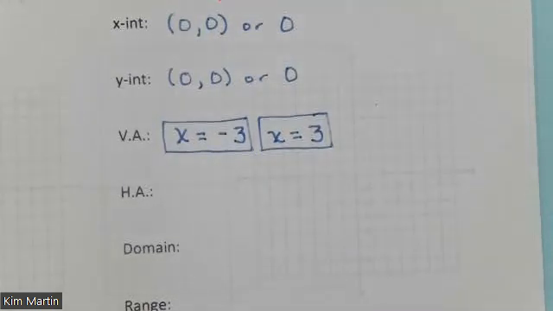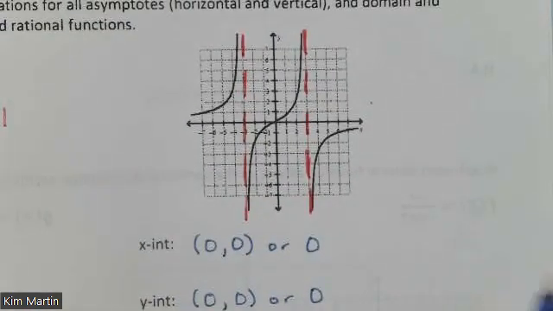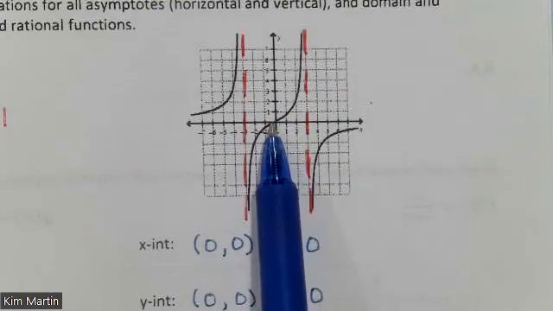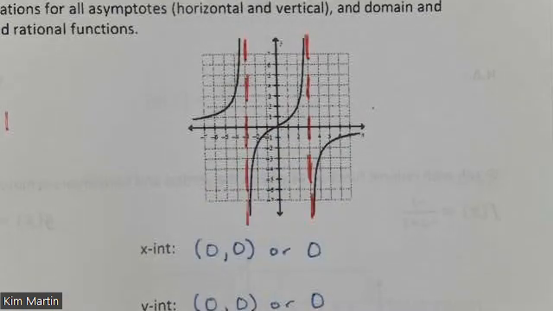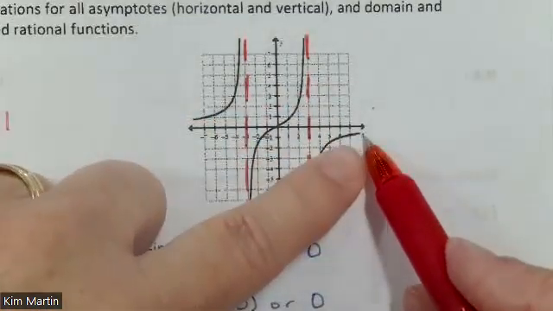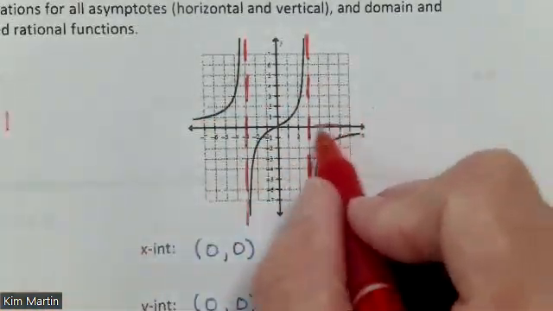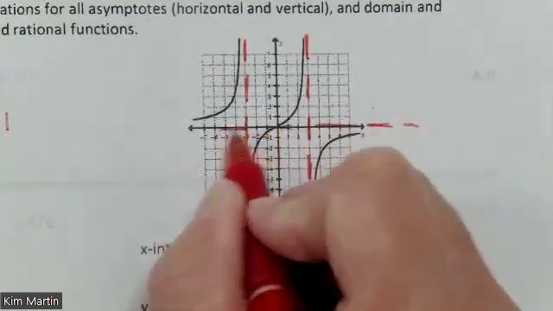Now, the reason I waited on the horizontal one is because some of you may say there isn't one because it crosses here in the middle. On the horizontal one, it only affects the far left and the far right. So if you look at the left part of the graph and the right part of the graph, it is not going to cross either place. It's okay in the middle.